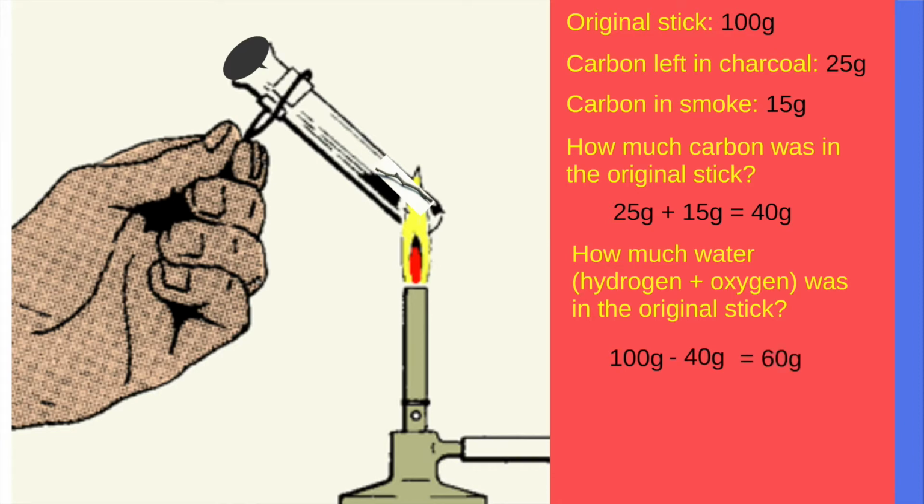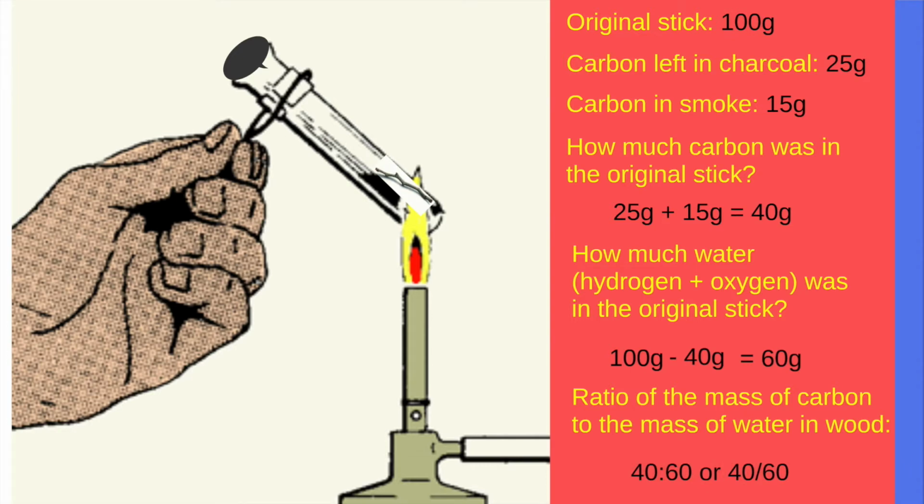Our last question is about our ratio now. What is the ratio of the mass of carbon in the wood to the mass of water in the wood? Well, our carbon was 40 grams, our water was 60 grams, so that gives a ratio of 40 to 60, or 40 over 60. For every 40 grams of carbon in this piece of wood, there are 60 grams of water.